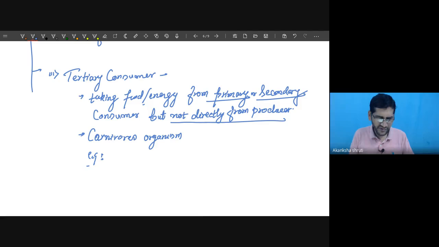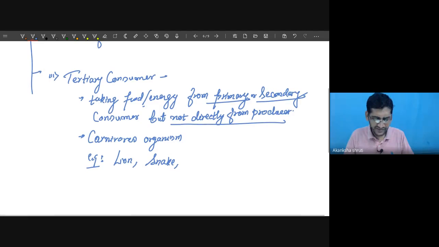Example, what could the example be? Yes, students? Yes, lion. Yes, snake. What else can we write? Eagle. Python. Yes, eagle, good.